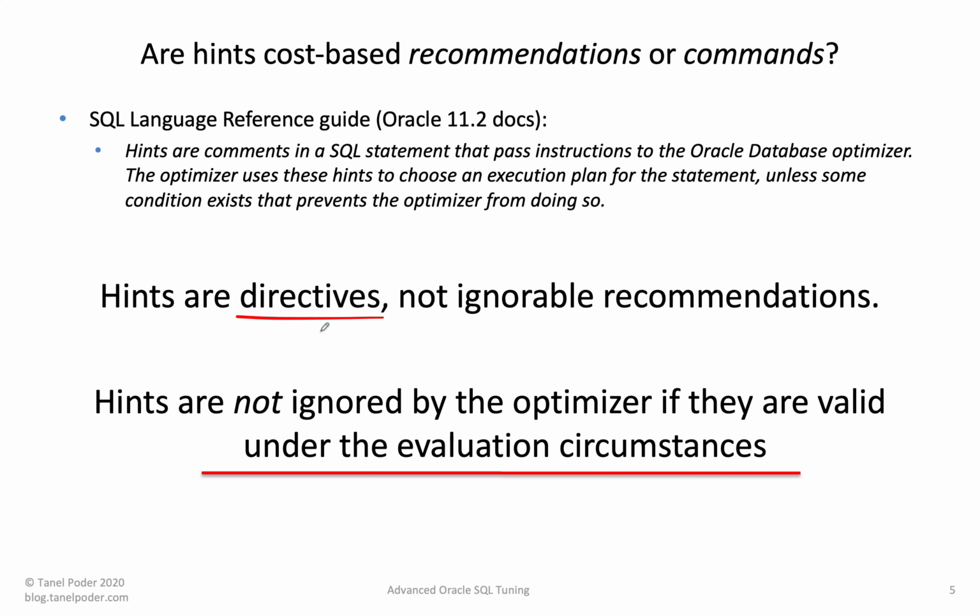And again, hints are directives. This is from an earlier version of the documentation. Hints are directives, they are commands, but sometimes they are invalid for some reason, and then we will start looking into the reasons.